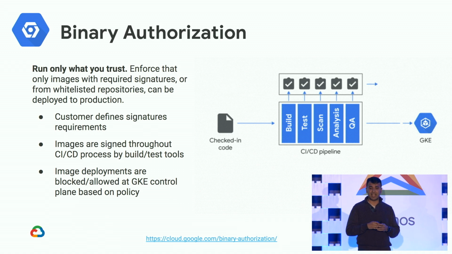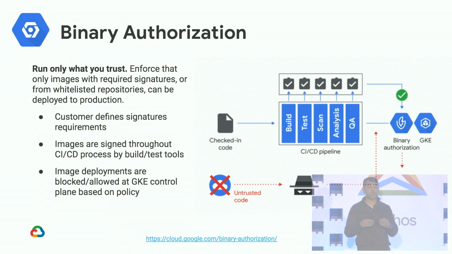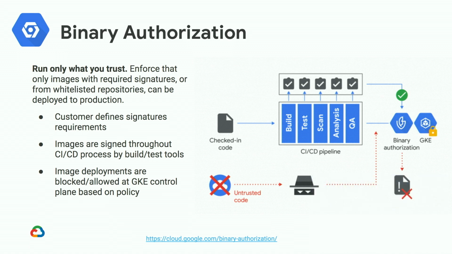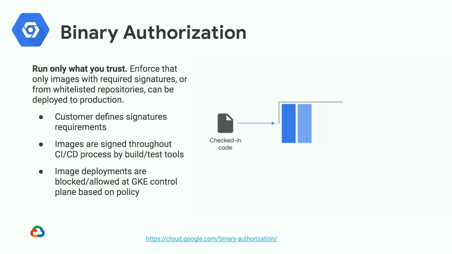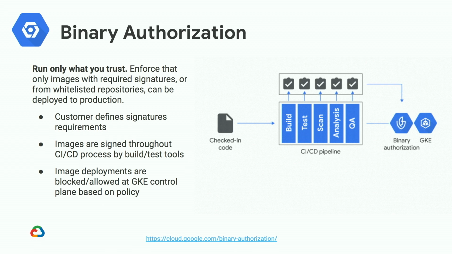What it does is it lets you, as an organization, define deployment policies, and it codifies the deployment policies for an entire organization. You can define custom requirements as signatures or attestations, or you can whitelist repositories from which you want images to be deployed.